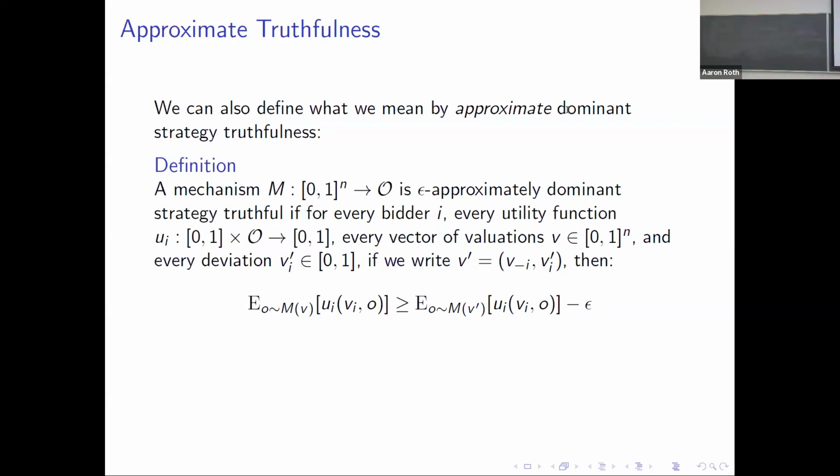I'm going to write down a strong definition of approximate dominant strategy truthfulness that should hold basically simultaneously for all possible utility functions.